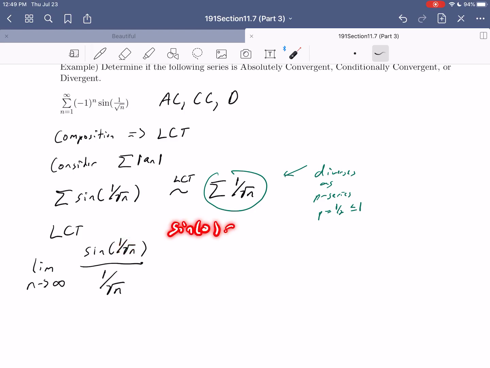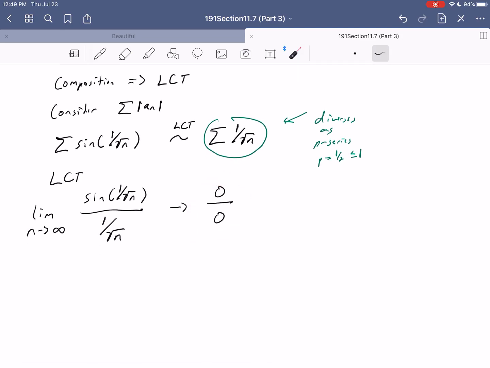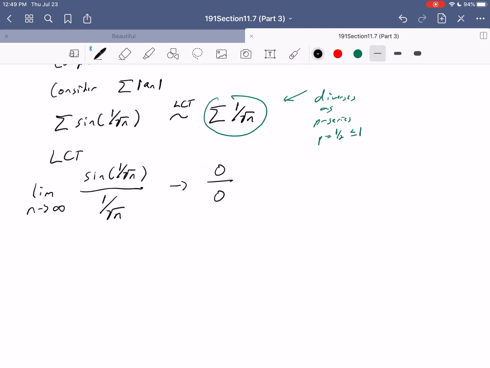Sine of 0 is 0, so this is 0, and this is 0. So this is approaching a 0 over 0 situation. That means we could use L'Hopital, provided we do a replacement theorem. So let's do a replacement theorem. Look at this as the limit as x goes to infinity, sine 1 over root x over 1 over root x.